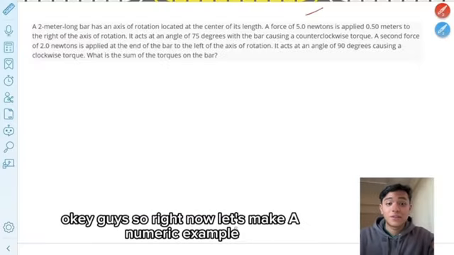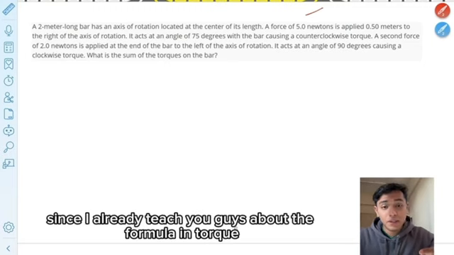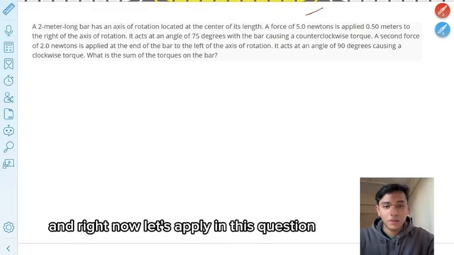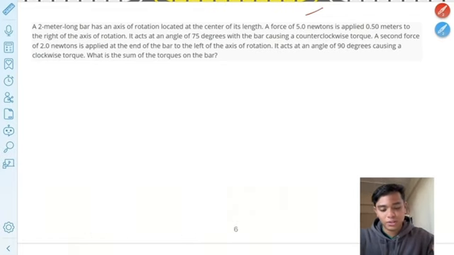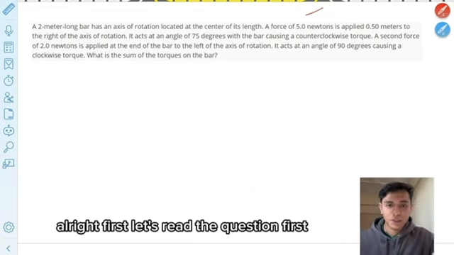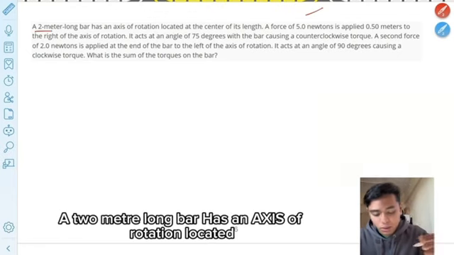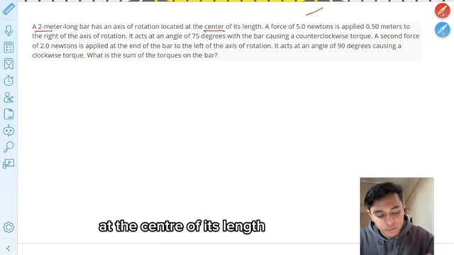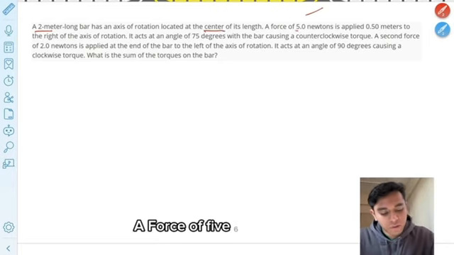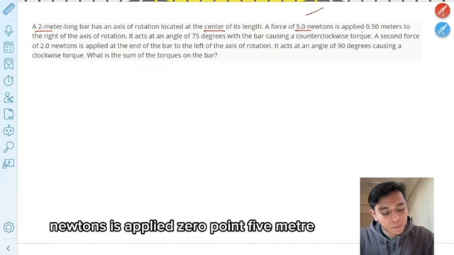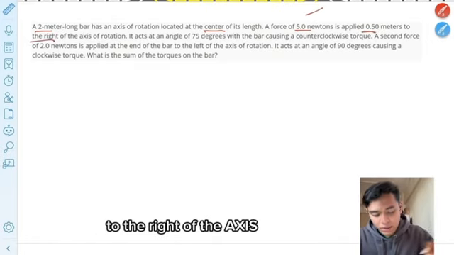Okay guys, right now let's do a numeric example. Since I already taught you the formula for torque, let's apply it in this question. First, let's read the question. A 2 meter long bar has an axis of rotation located at the center of its length. A force of 5 newtons is applied 0.5 meter to the right of the axis.